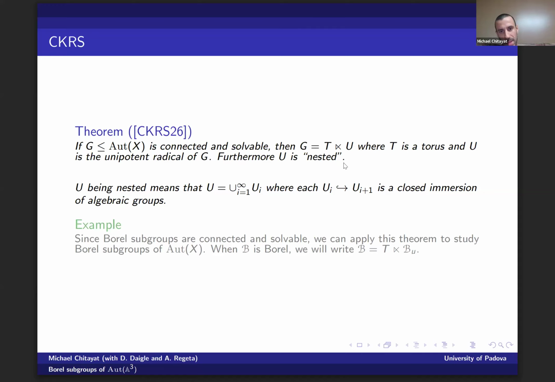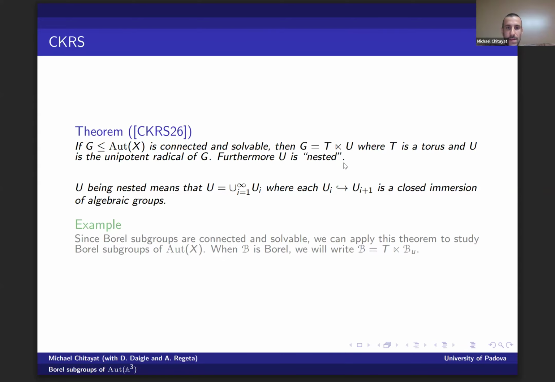Being nested is a very strong property, and basically what it means is that you can write the set of unipotent automorphisms as an increasing union of algebraic groups. And this is much stronger than just being an ind-group.